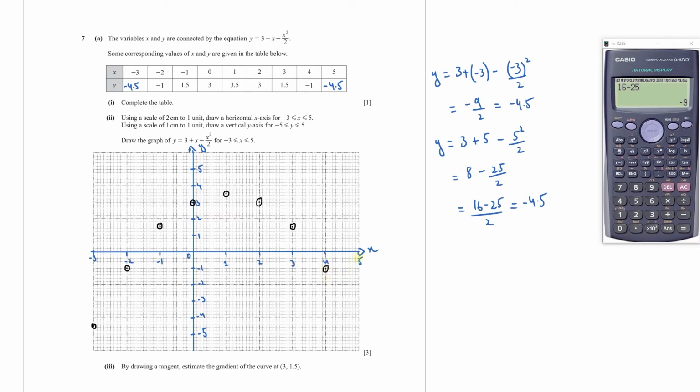And the last one is 5 and -4.5. -4.5 will be this here.